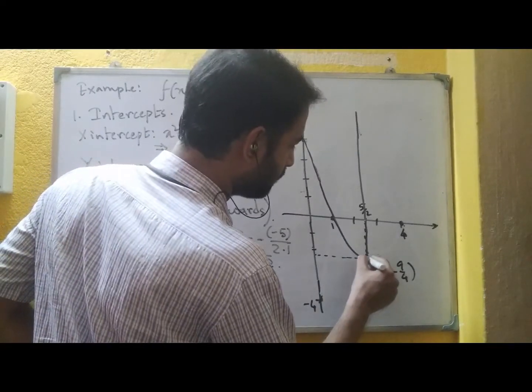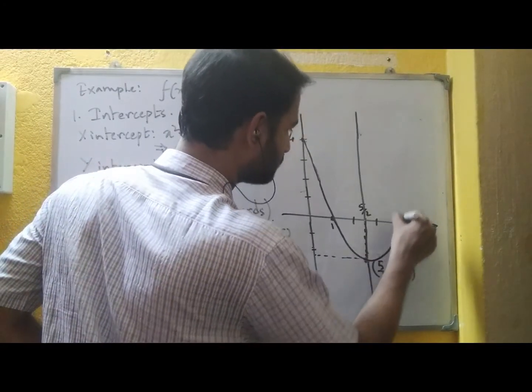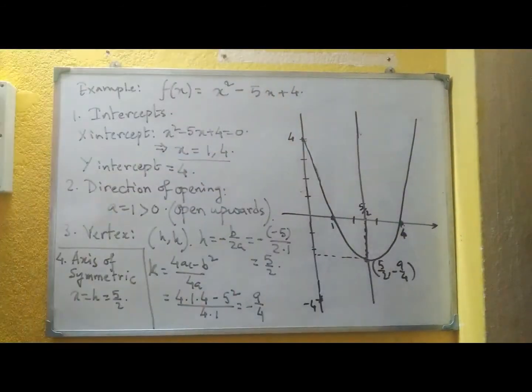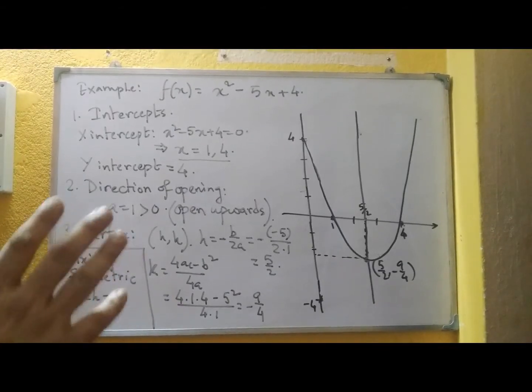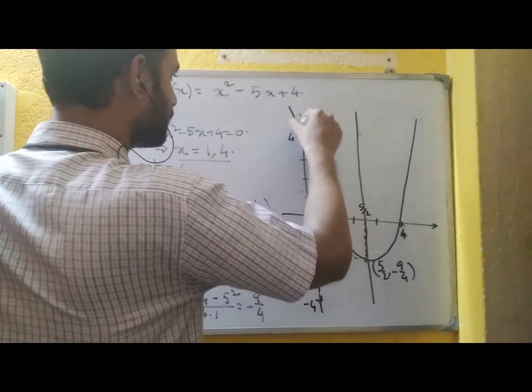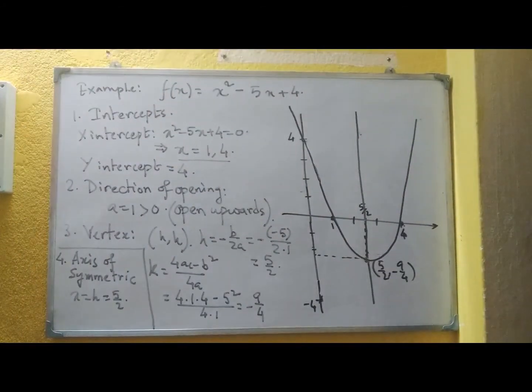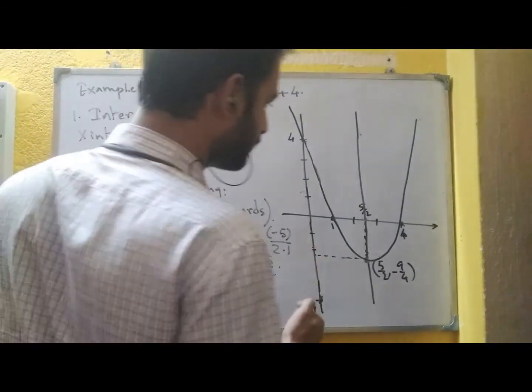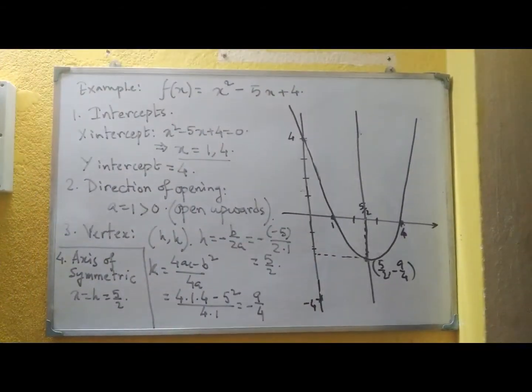So it will be like this. So with this we can properly draw the graph with all the correct information. So this is all about the booklet that we have to do. This is how we draw the graph of a quadratic expression.